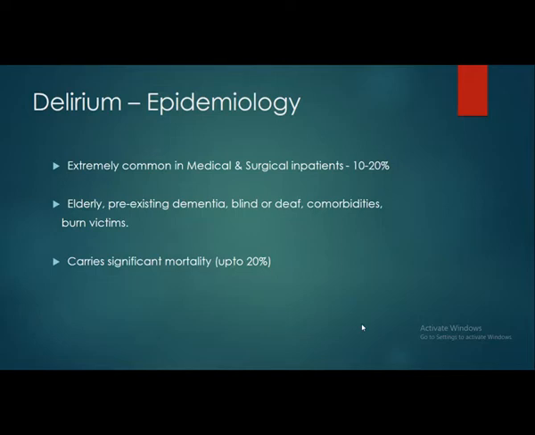Burn victims are also really prone to this condition, and it carries significant mortality, up to 20%. So out of 100 hospitalized inpatients, 20 die. That's a really high number.